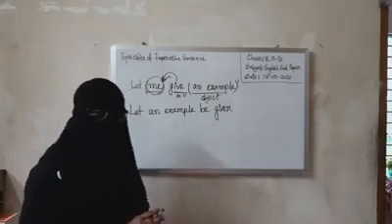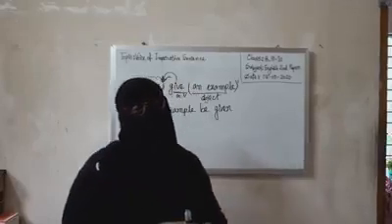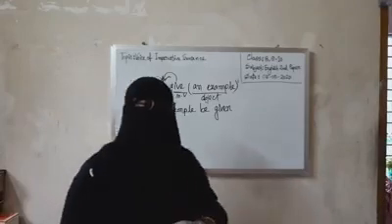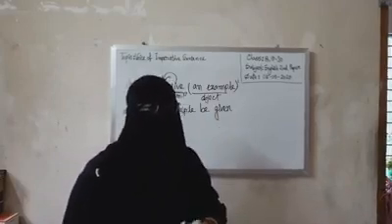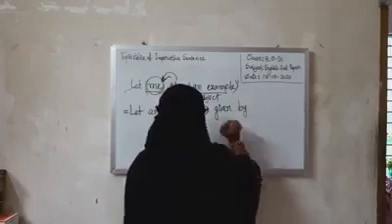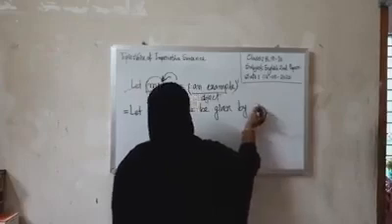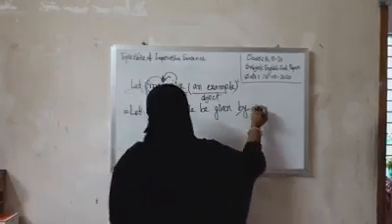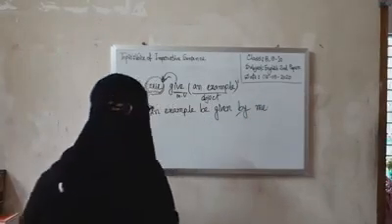For me? What do you think will come here? Since in the last example we used for me, you can guess there will also be for me. No, here we have to use by, as a preposition, and then we have to use the personal object.